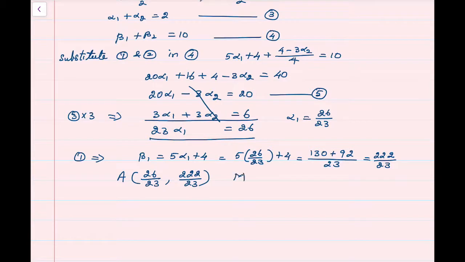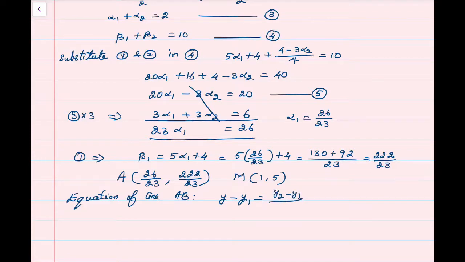And we know M is a point on the line AB, which is (1, 5). We have 2 points to find the equation of AB. We don't need the third point. We need not calculate alpha 2, beta 2. So 2 points are enough to find the equation. Therefore, the equation of line AB using the 2-point form, y minus y1 is equal to (y2 minus y1) divided by (x2 minus x1) times (x minus x1).